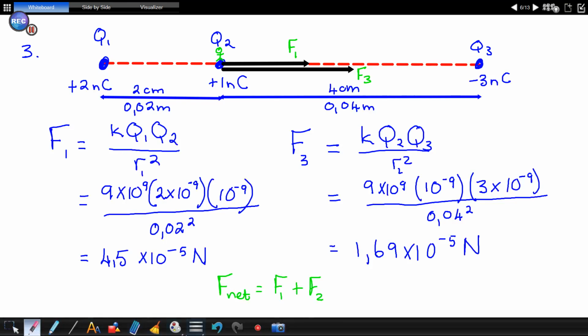And I'm going to say it is 4.5 times 10 to the minus 5 plus 1.69 times 10 to the minus 5, and we Casiofy that.